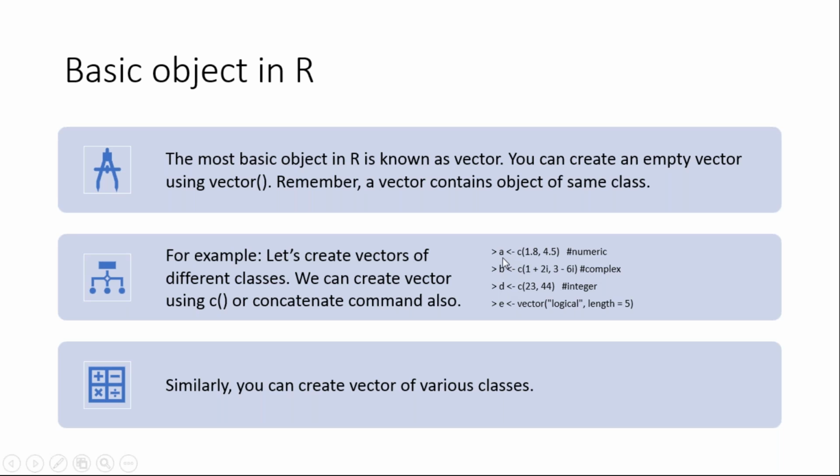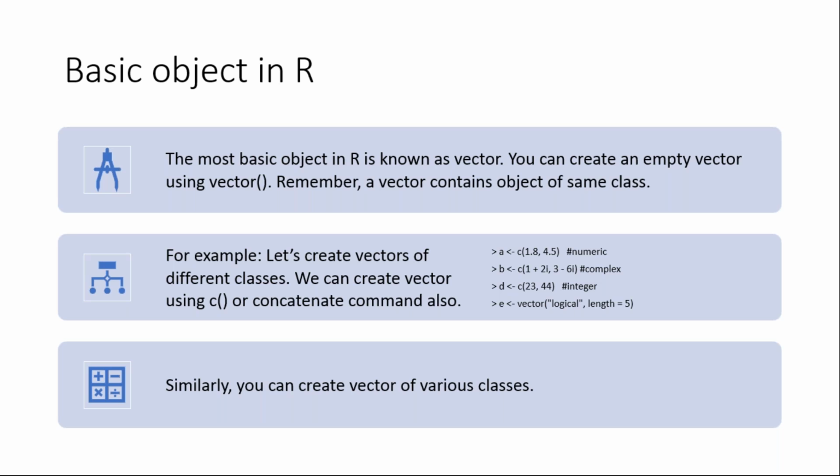So here it has created a vector with the name A. Now what is C here? C is an inbuilt function in R which is used to concatenate the values into one single component, or we call it the combine function.